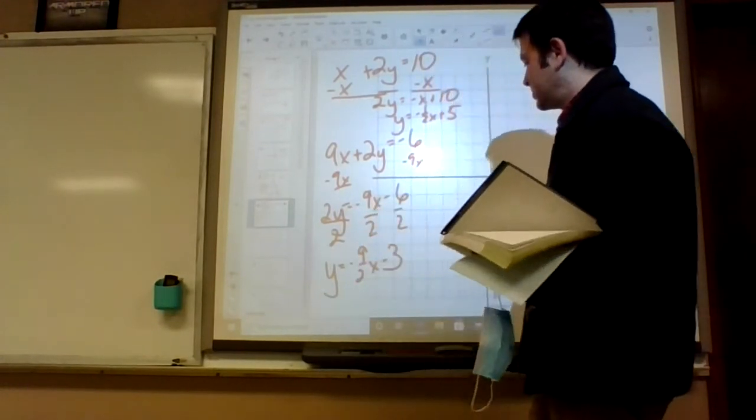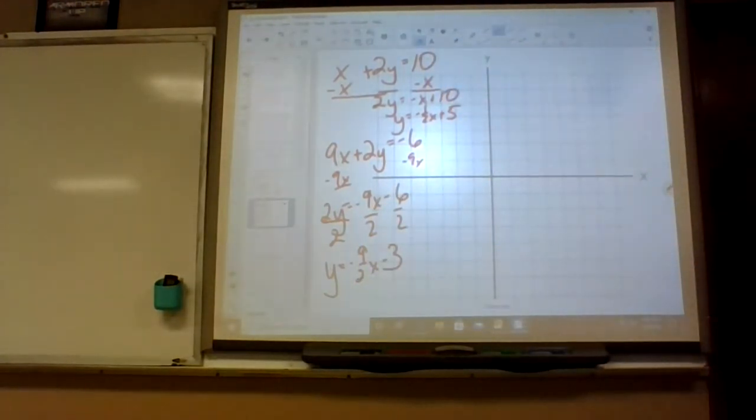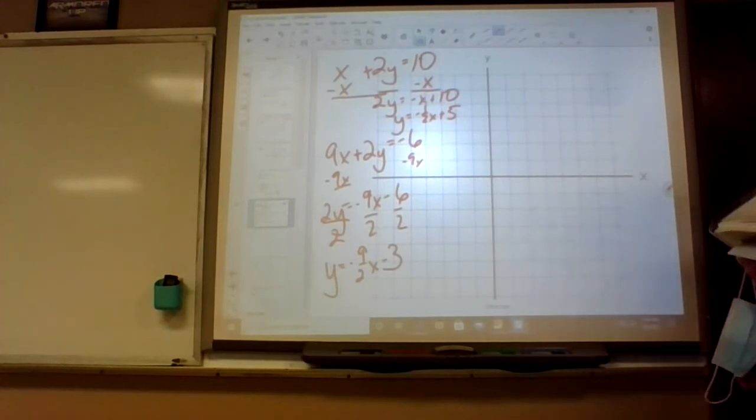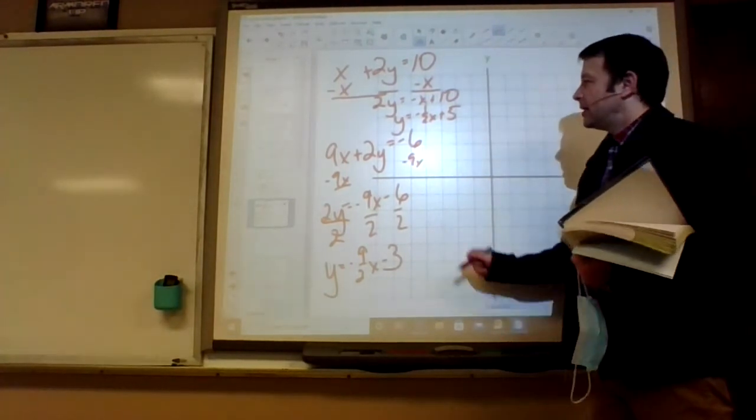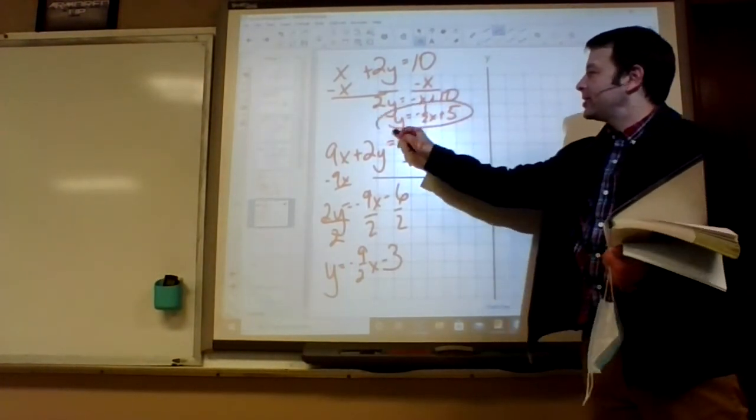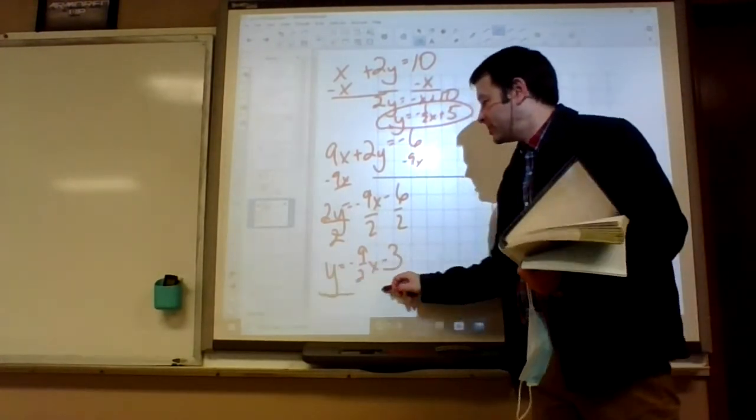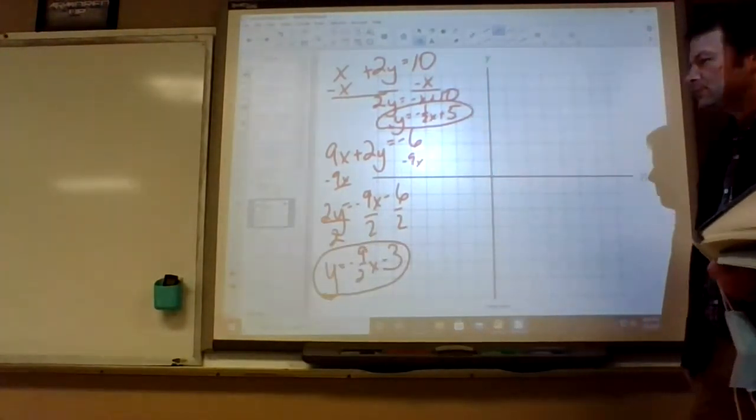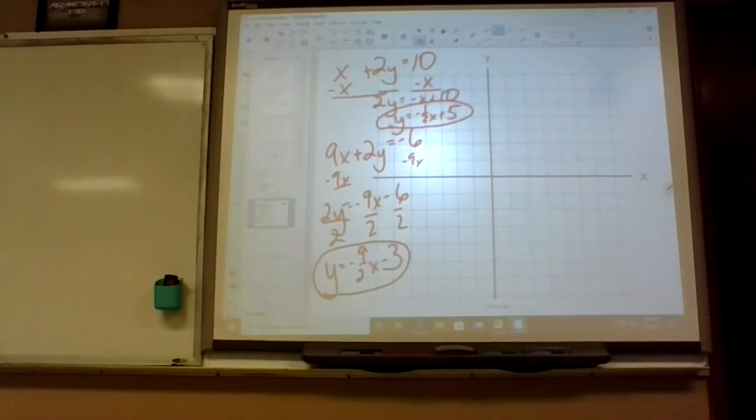Well, the y-intercept reduces to -3, which you do need to reduce. 6 divided by 2 is 3. Alright, I kind of made a mess, but there's my first line and there's my second line.